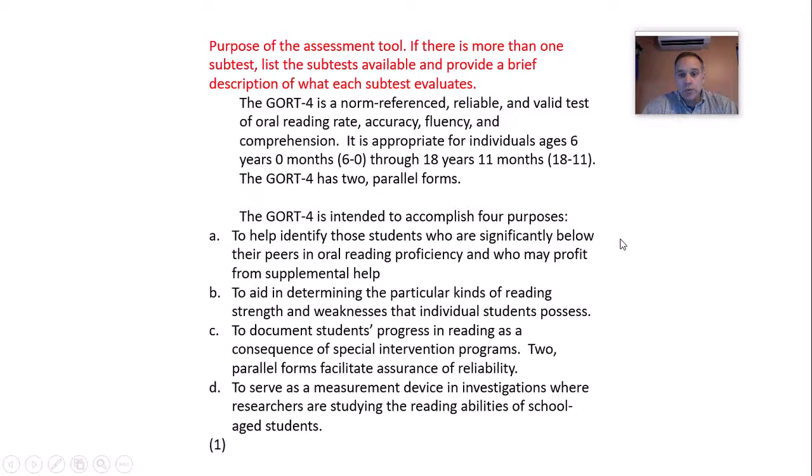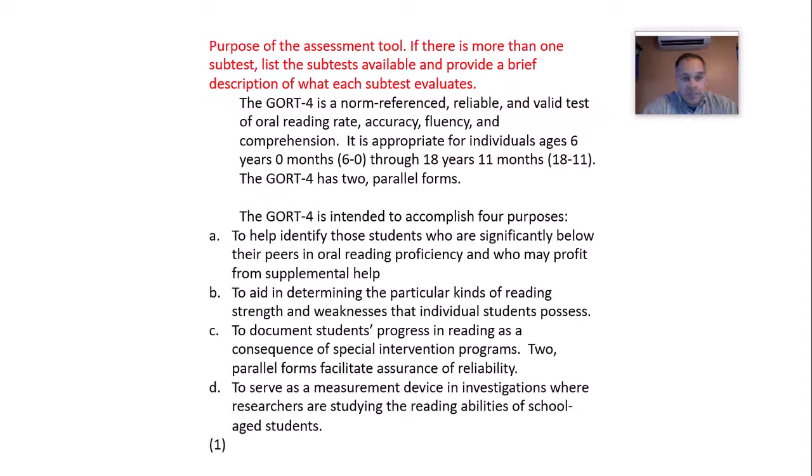Identify those students who are significantly below their peers in oral reading proficiency and who may be helped by supplemental means. To determine the particular kinds of reading strengths and weaknesses that individual students possess. To document students' progress in reading as a consequence of special intervention programs, and the 2 parallel forms facilitate the reliability of obtaining that data, and then to specifically serve as a measurement device in investigation.